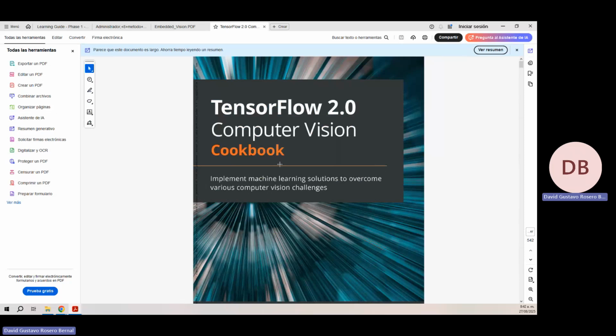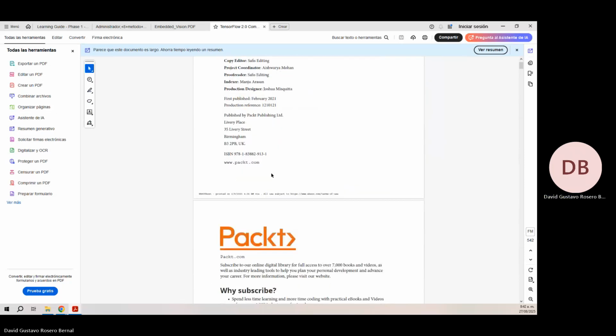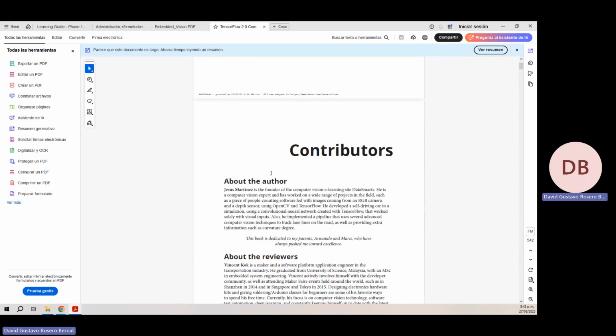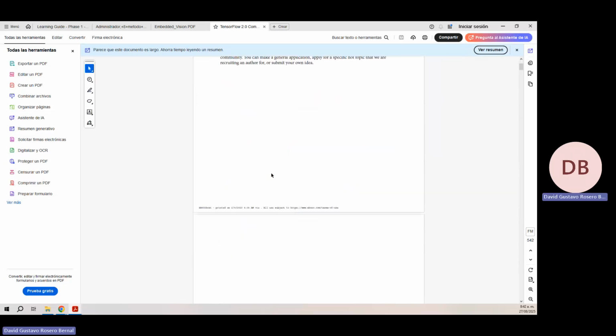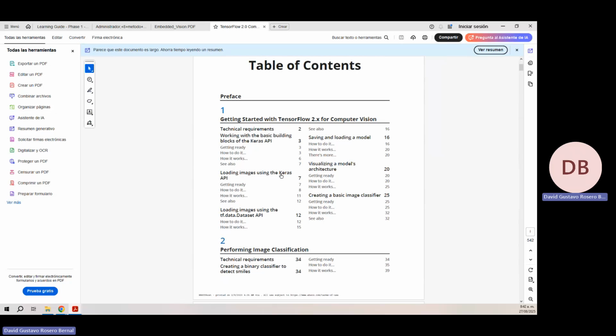This book is a practical guide that takes computer vision beyond classical methods into the modern age of deep learning. While traditional approaches focus on preprocessing, segmentation, and handcrafted feature extraction, Martínez shows how convolutional neural networks on TensorFlow 2.0 revolutionize image analysis.